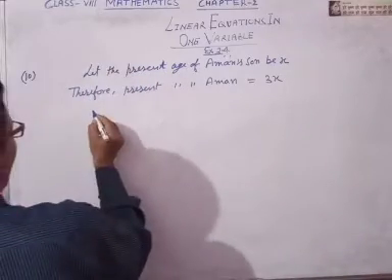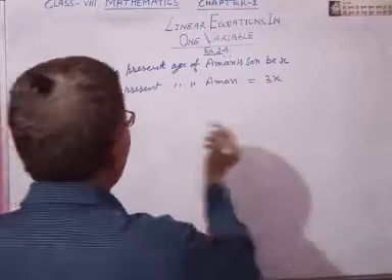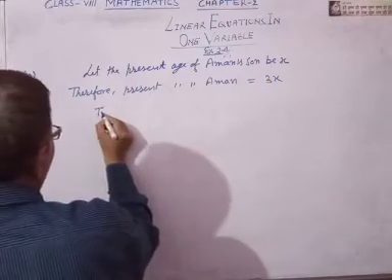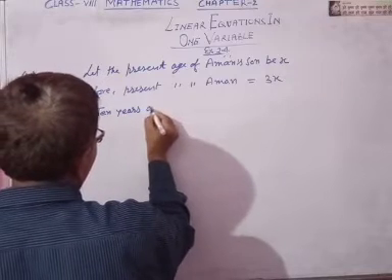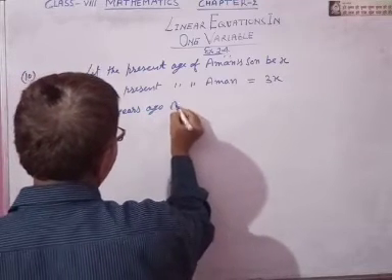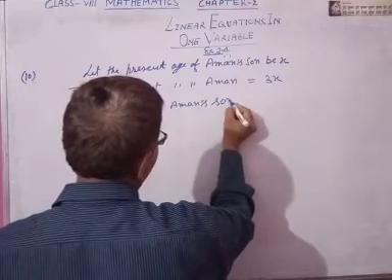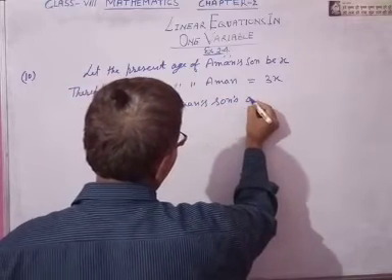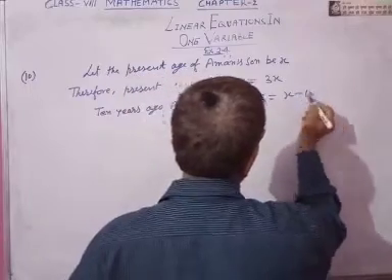So first of all we will find Aman's son's age 10 years ago. 10 years ago, Aman's son's age equal to x minus 10.